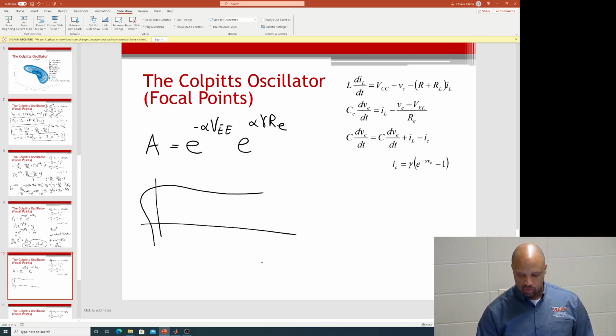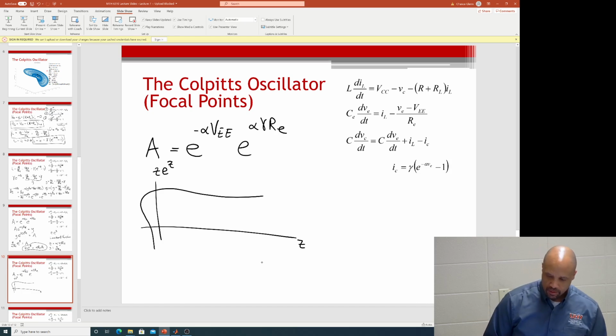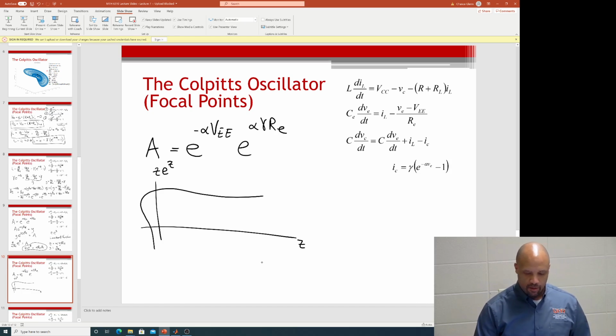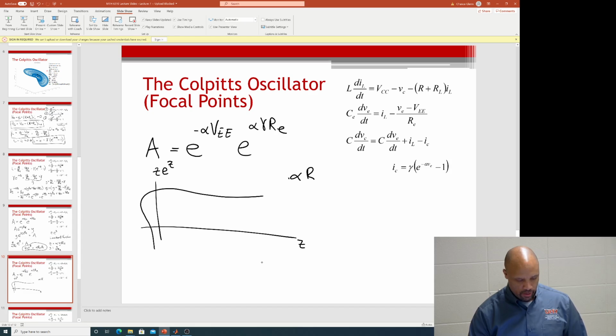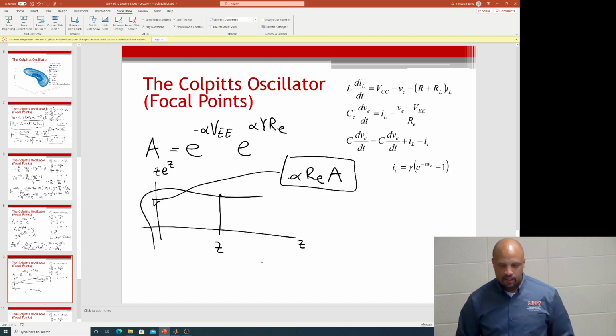And this was for the value z, and then this is z e to the z. So you can find out what this value is, right? Which, if you find out what alpha r e times a is, be something, say, in here, then you find the corresponding z value, and now you know what z is.